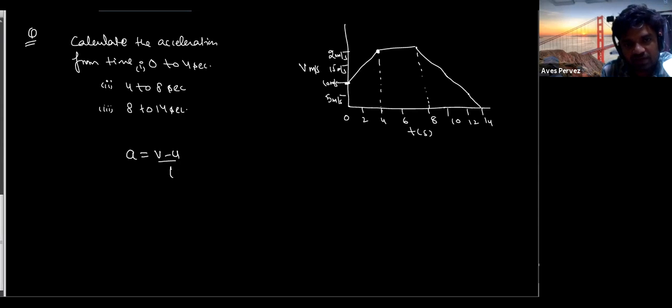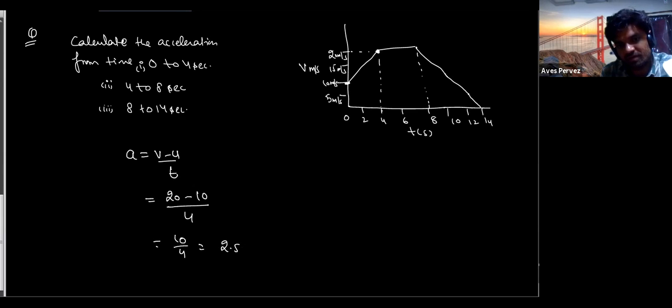This is the simple formula for acceleration. The final velocity is 20, so 20 minus the initial velocity 10, upon time, which is 0 to 4, only 4 seconds. So you can write 10 upon 4, which is 2.5 meter per second square.